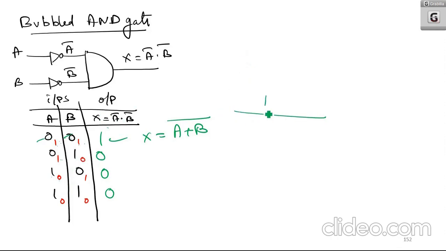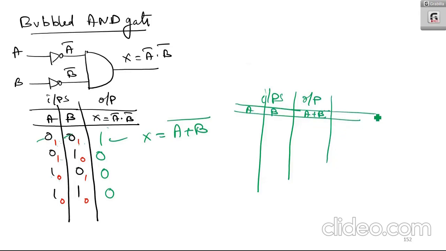I will write inputs, output. Okay. A B. Here I will write A or B. Then I will write A or B the whole bar. Then it will be more clear. So we get 0 0, 0 1, 1 0, and 1 1.